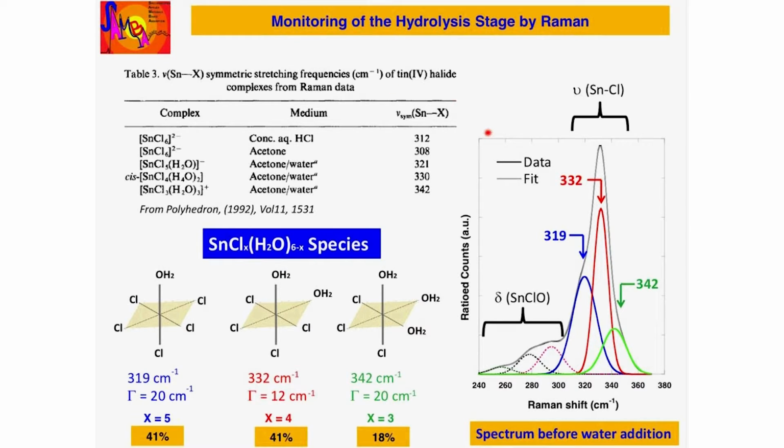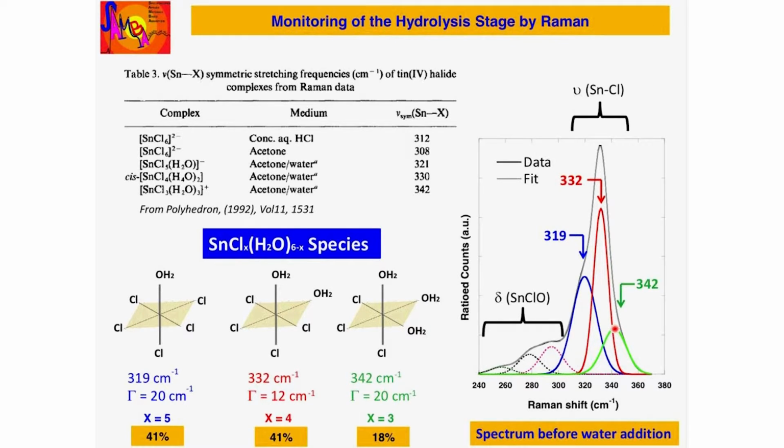Here you have the results that you can find in this publication, for instance. When you decrease the number of chlorine ligands around tin, you have a redshift of the position of this line, as you can see in this curve.